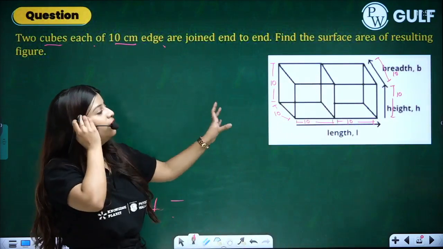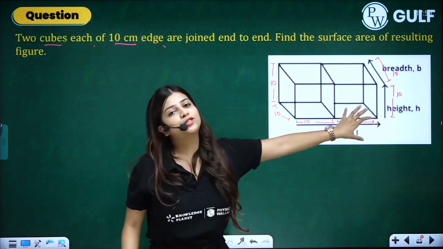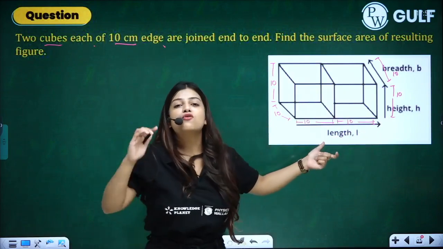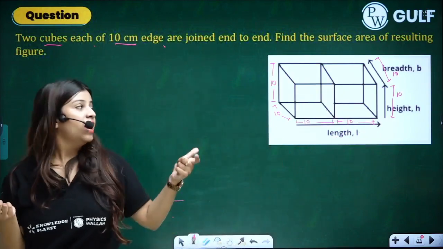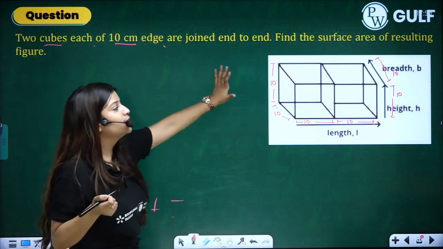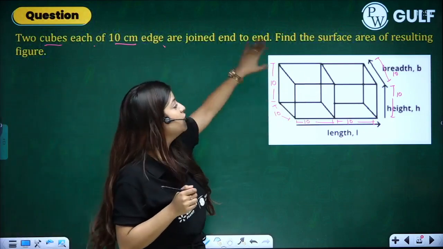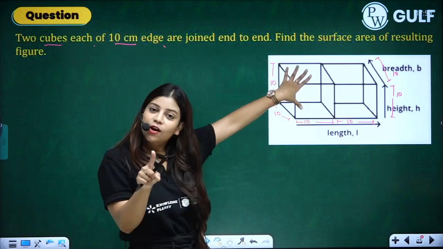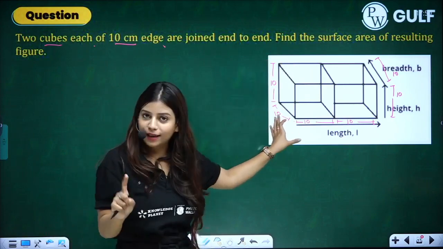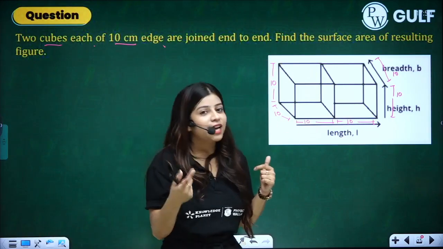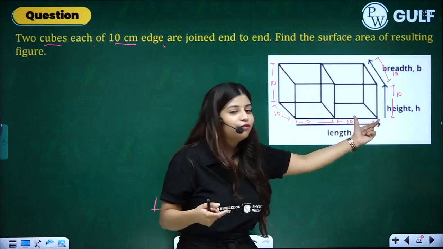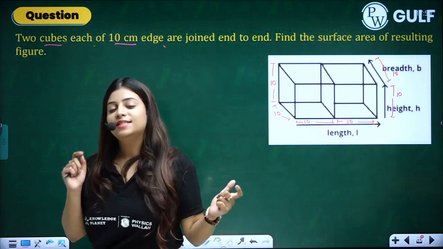But now when we have both the cubes joined together, which results in a cuboid, this cuboid has a height again of 10, a breadth again of 10, but what changes is the length of the cuboid, which becomes 10 plus 10.